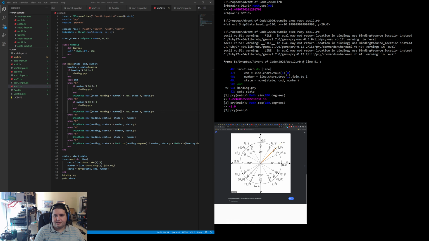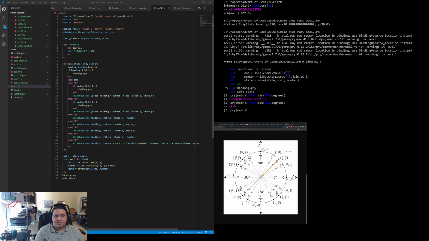So you're up here at degrees. This is going north. You start out here. So if you go left, you go positive. If you go right, you go negative. We're starting at heading 0, which is to the right of the unit circle, and that should just allow us to use cosine and sine without any particular modifications.